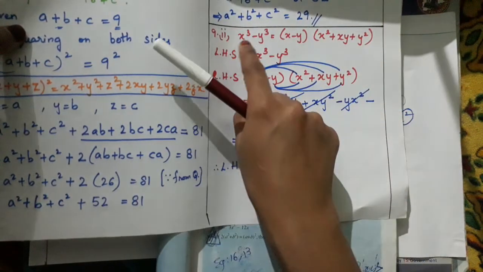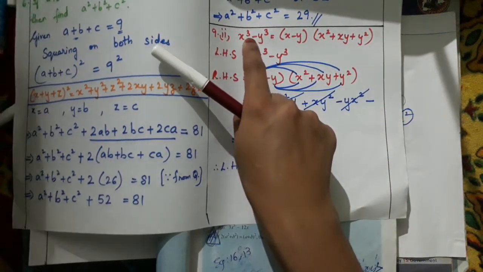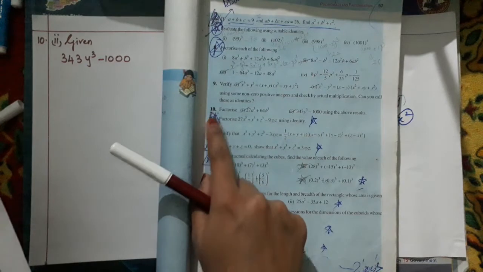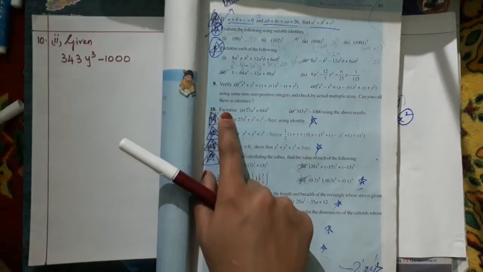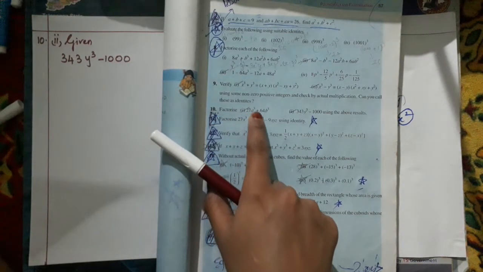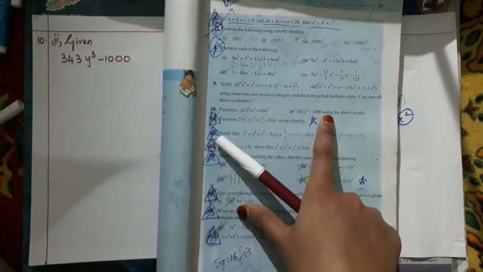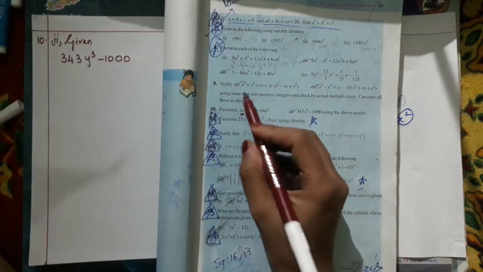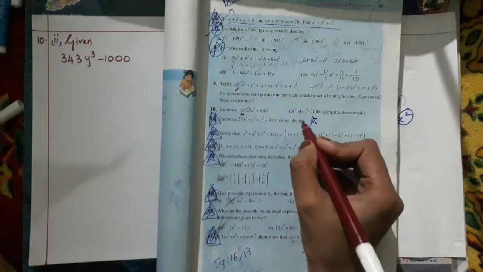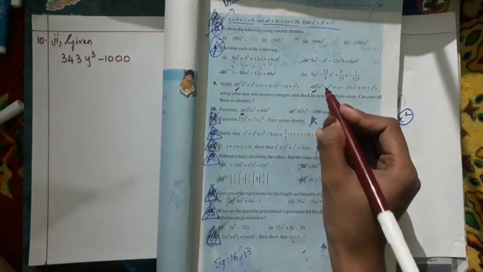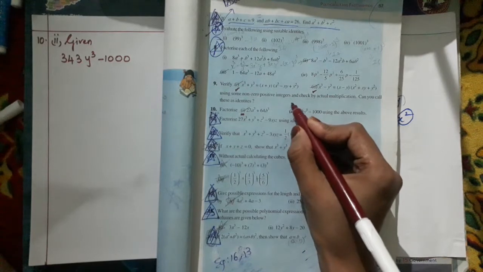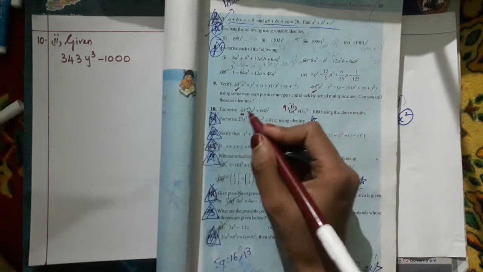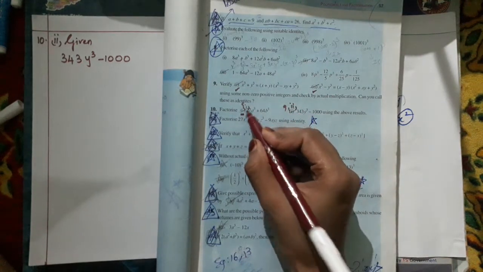Now, in 10th bit, they are saying factorize 27a cube plus 64b cube using the above results. That is nothing but this first one formula is this one, children, and the second one formula will be this one. This is second formula, 9th bit second formula, and this is 9th bit first formula, children.